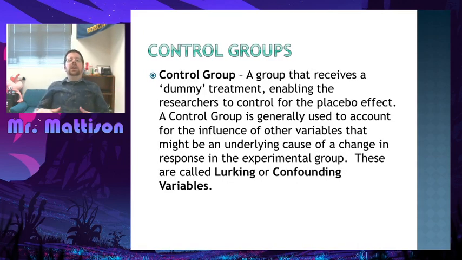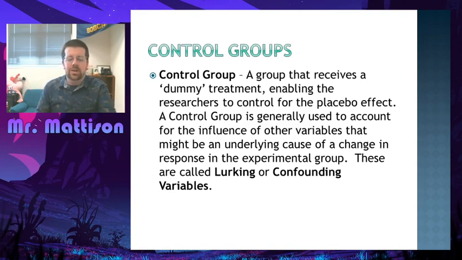Okay, so the control group, I mentioned this already a bit. A control group is the group which gets that dummy treatment. It doesn't always have to be a physical sugar pill. So let's say you tell them that doing this weird little hand clap thing actually helps them do better on a test. So they do it every single time, whereas some other group, you have them do some other thing which is going to help them on a test, whatever, right?